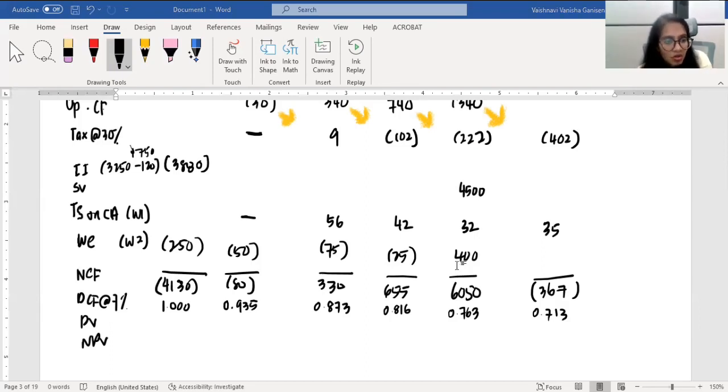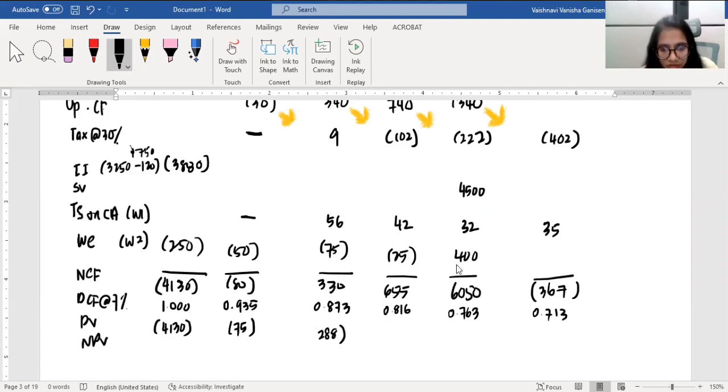Now, your present value of cash flows here, 4130, 75, 288.